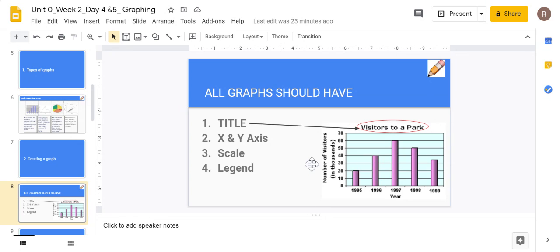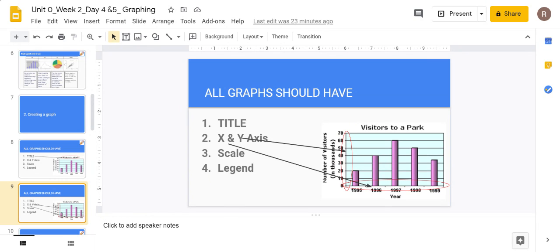We'll talk about that in a minute again, but notice it says number of visitors in thousands. Okay. So 10,000, 20,000, 30,000 people in 1995. And it explains that it's the year. We don't have to put any more detail than that there. Okay, but it's a super, super important step that a lot of students miss. Probably the hardest part of graphing, honestly.